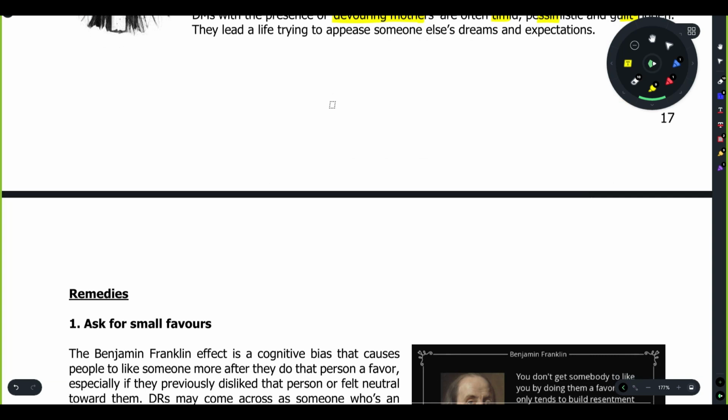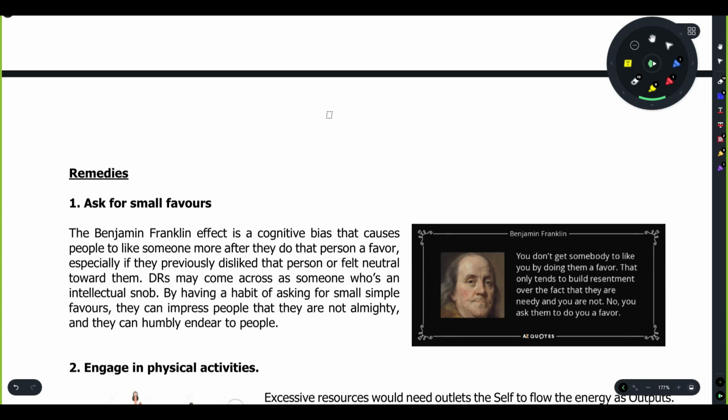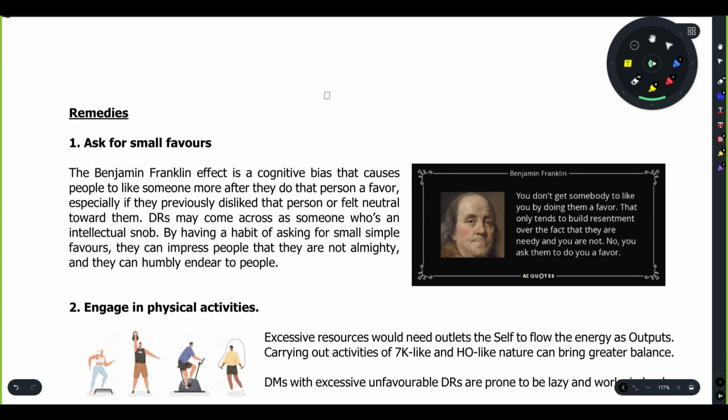Remedies. Now, what are the remedies that we can have for direct resource? First and overall, direct resource people don't really handle other people very well. And because they are sometimes intelligent, they tend to come across as somebody who is an intellectual snob.